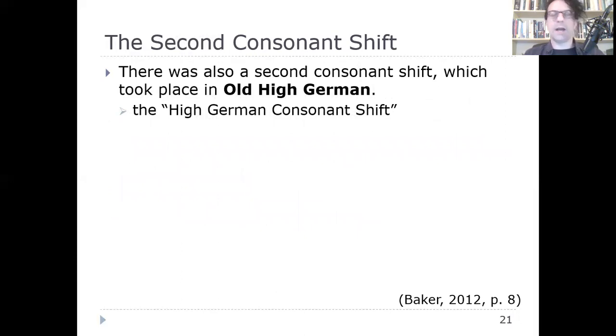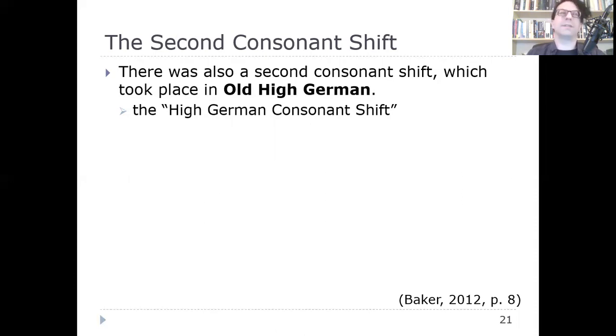Okay, I also promised to show you at least one sound change, and there is a sound change that separates English from German, and this is called the second Germanic consonant shift, which only took place in Old High German, not in Old Low German, which is also why it's called the High German consonant shift, or the second Germanic consonant shift.